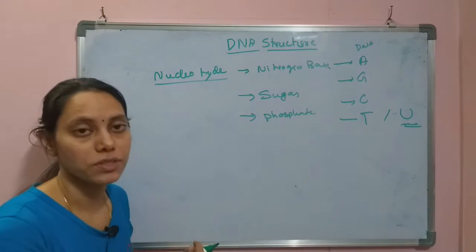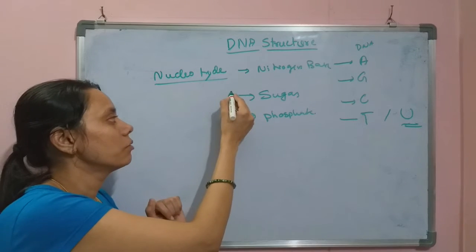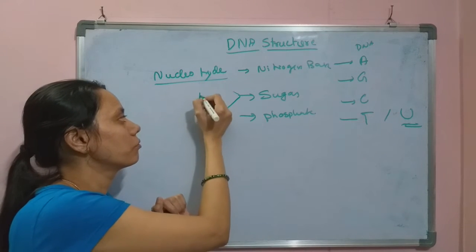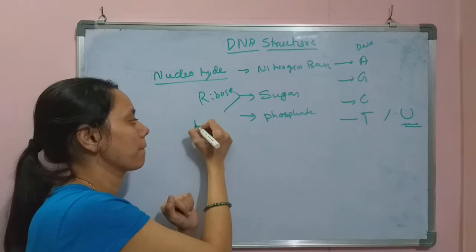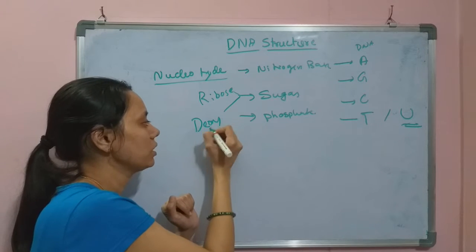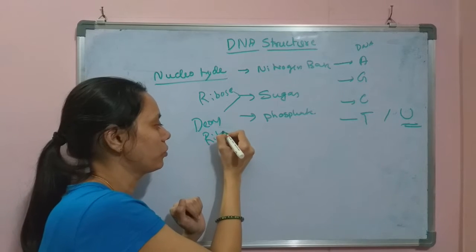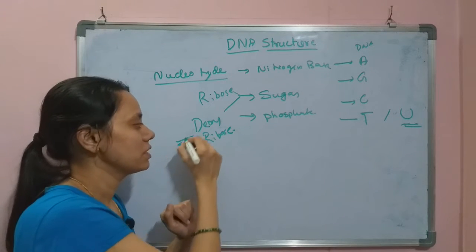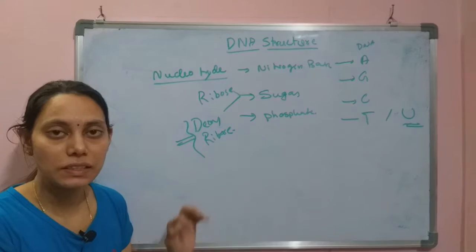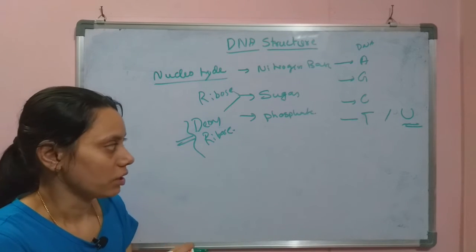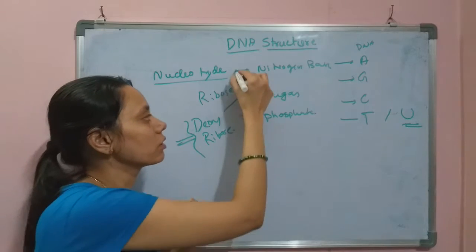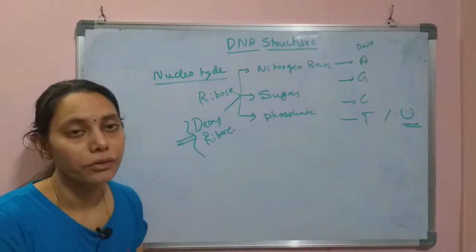The 2 kinds of sugars present in nucleic acids are ribose and deoxyribose. This deoxy form of ribose is only present in the DNA, while ribose can be observed in RNA, and together these 3 make the nucleotide.